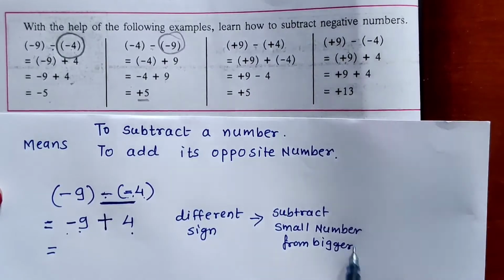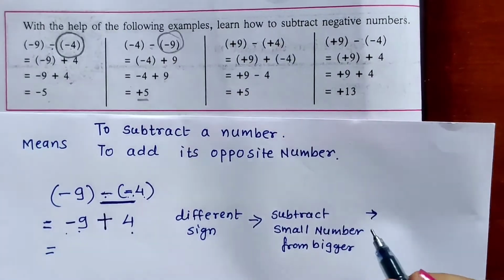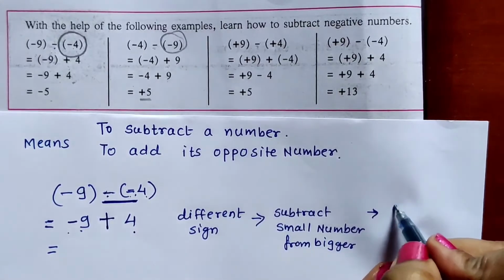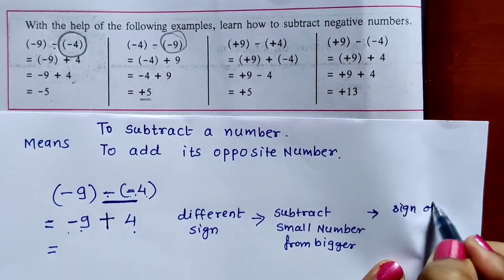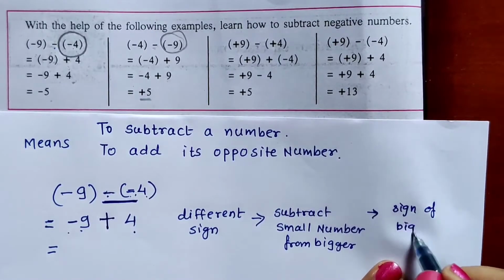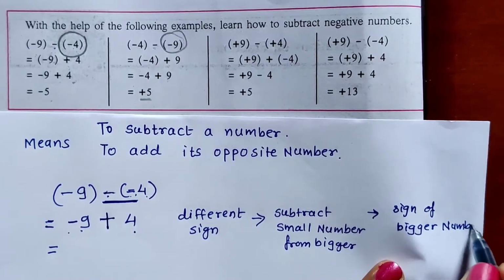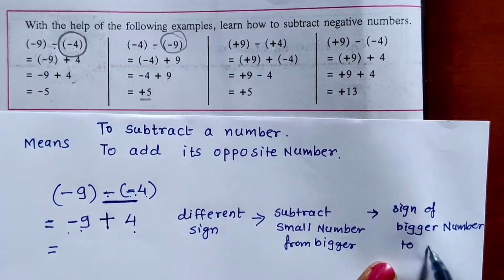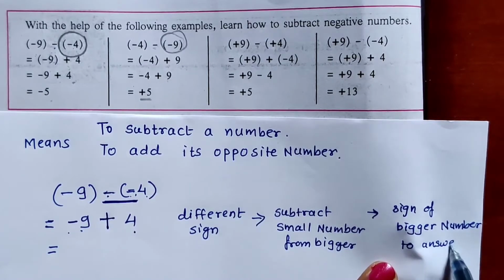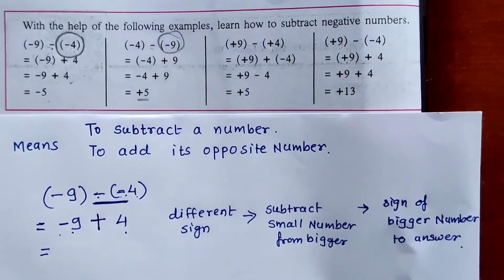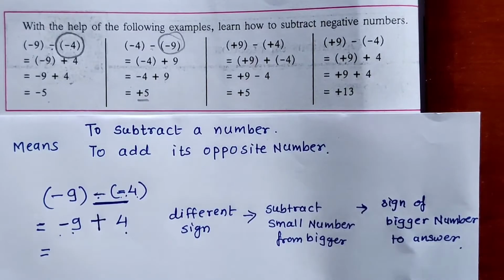And then we will have to give the sign of the bigger number to the answer. So this rule we have seen in our previous video. You have to remember this rule always.